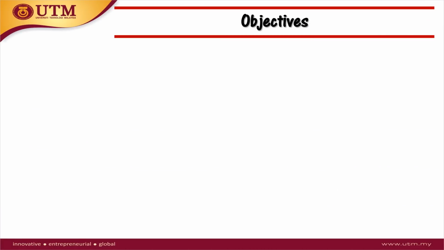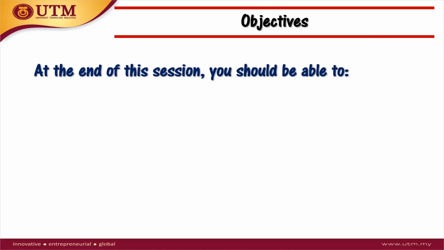Similar to the previous sessions on mu and pi, let us look at the learning objectives of this topic first. At the end of this session, you should be able to achieve the following three learning objectives.